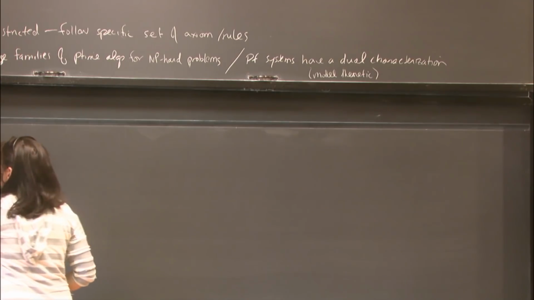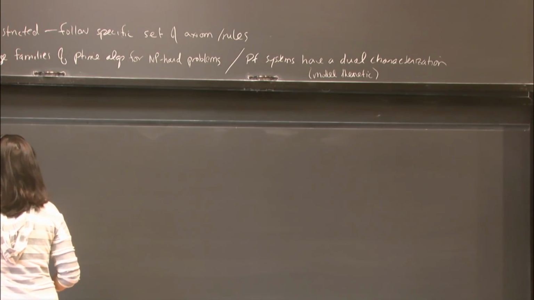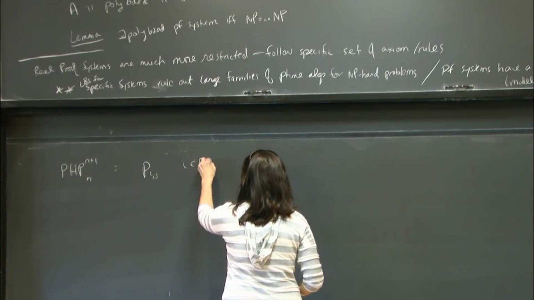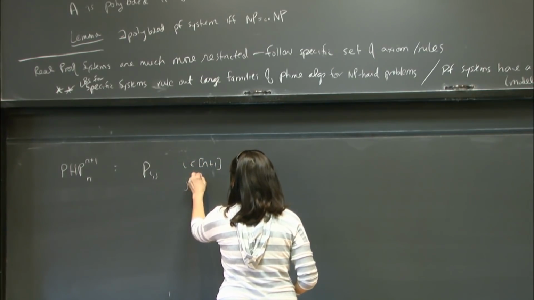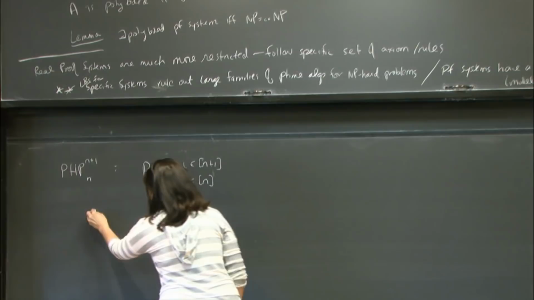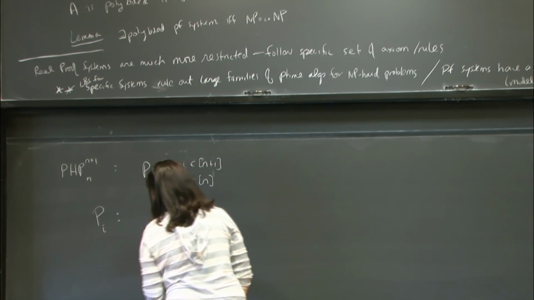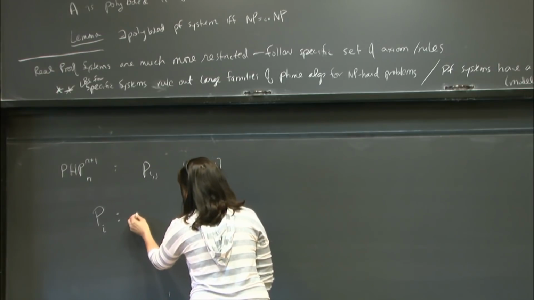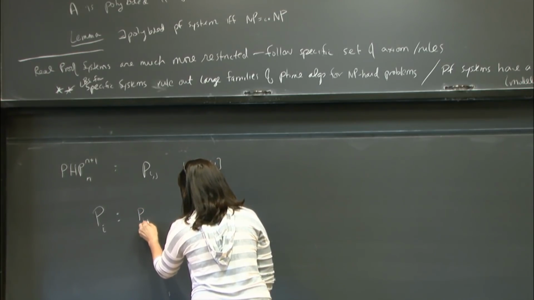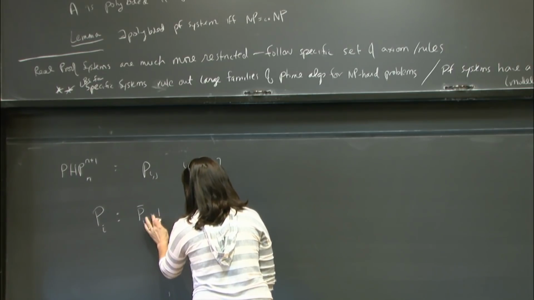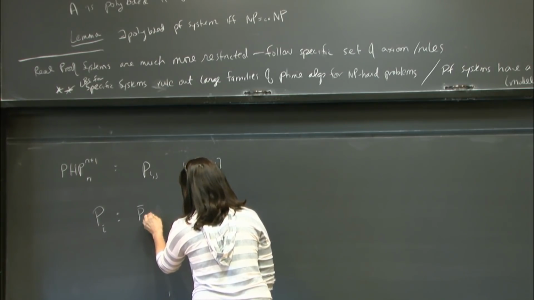So the variables are P_ij, where i is in n plus 1, and j is in n. This is the pigeon i term, which is saying that either pigeon i doesn't go to hole 1, or it doesn't go to hole 2, and so on, so pigeon i is not mapped anywhere.